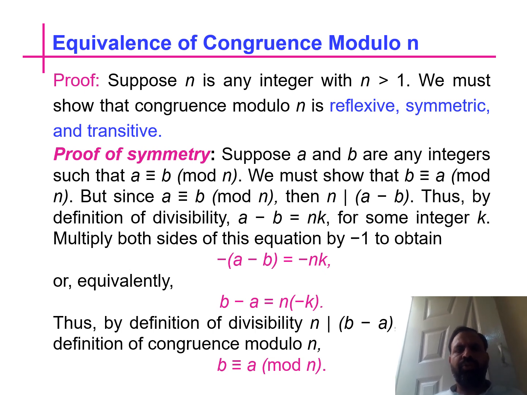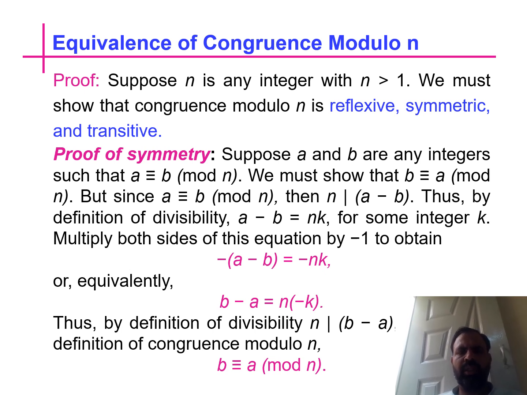Proof of symmetry: we suppose a and b are any integers such that a is congruent to b mod n. We must show that b is congruent to a mod n. Since a is congruent to b mod n, n divides a minus b. Thus by definition of divisibility, a minus b is equal to nk for some integer k.